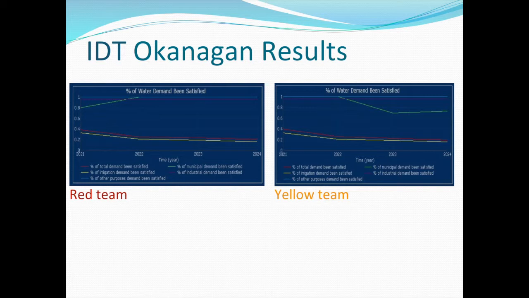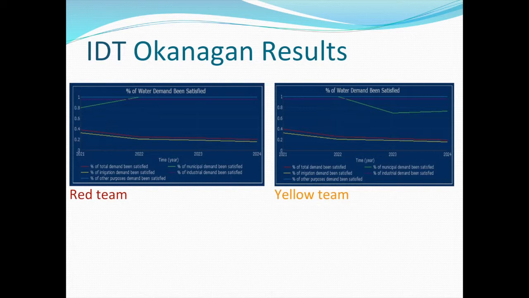And here is the percent of the water demand being satisfied from the IDT Okanagan. Team red and team yellow, they all choose to ration the municipal water use. As I mentioned before, if you ration the municipal water use, the outdoor water use is first to suffer from it. So you can see this line is just going down, the green line.